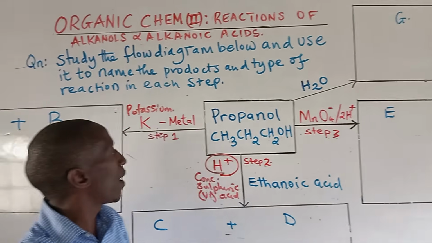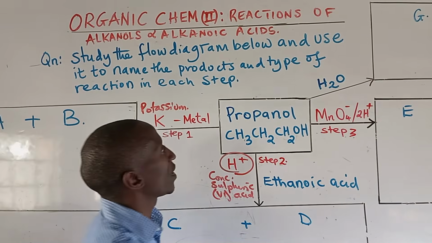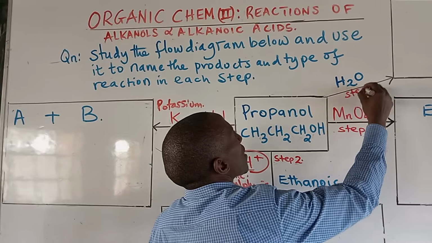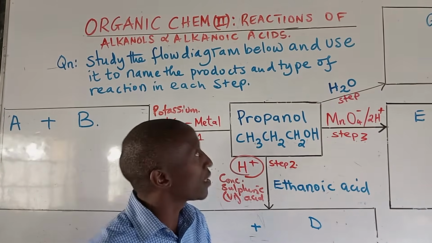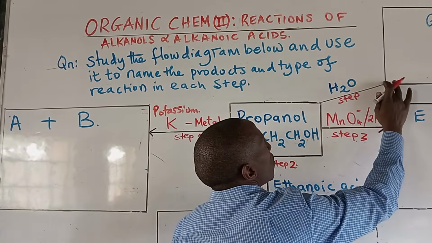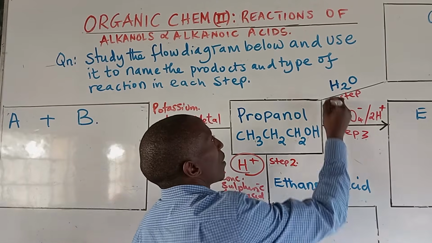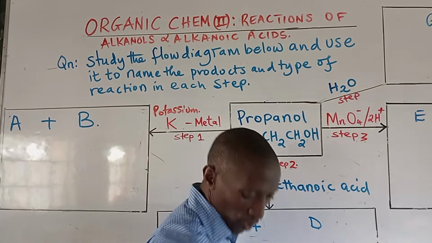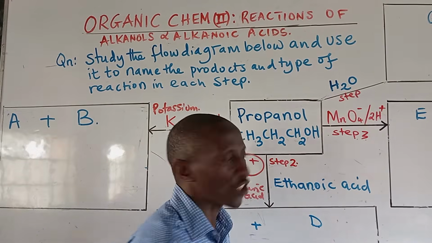In step number 4, which we have at this point here, we see the reaction of propanol, and in this case we shall change the arrow to move in this direction, and we ask ourselves, what can give us that kind of a reagent?